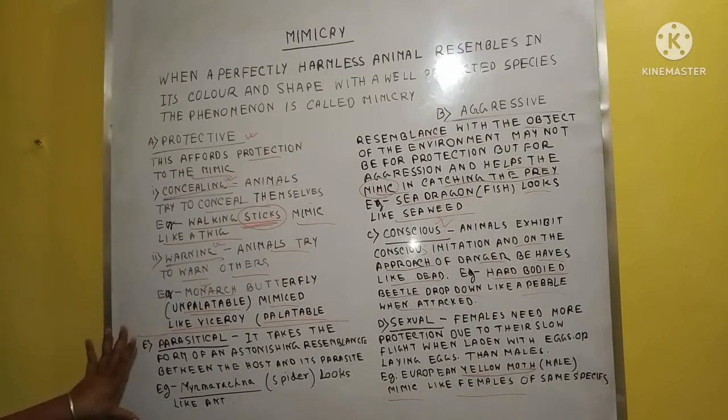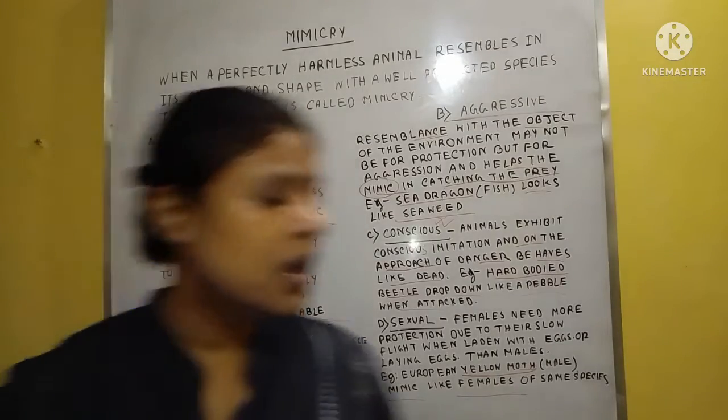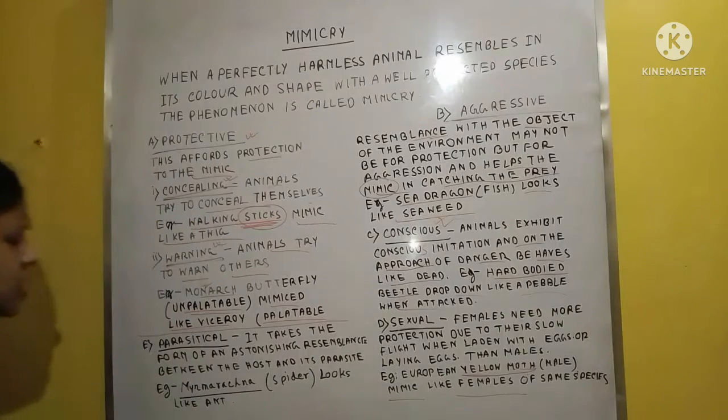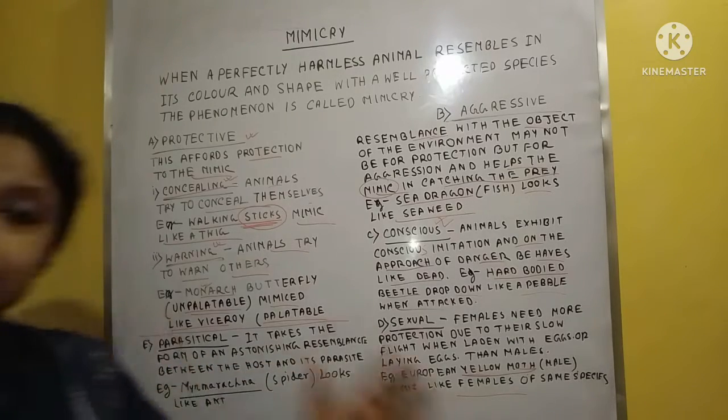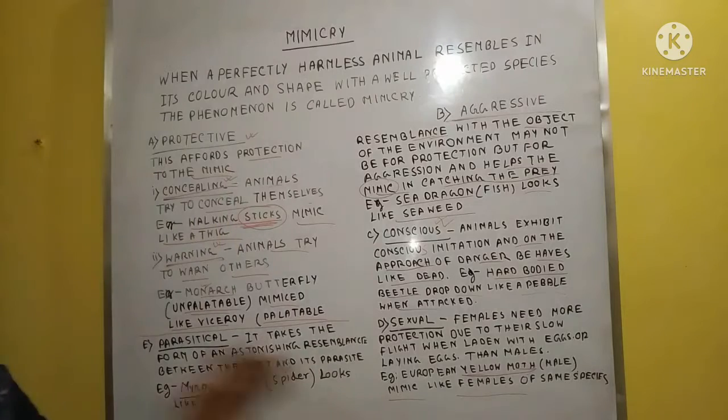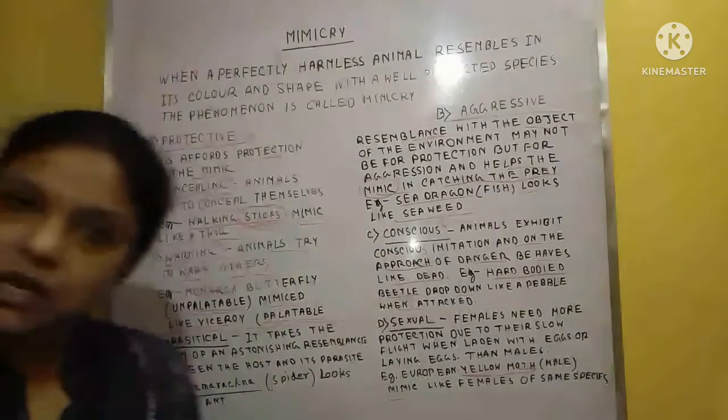So this is the parasitical, and I will explain another type after that. So what is parasitical? You can understand: it takes the form of an astonishing resemblance between the host and the parasite. Clear?